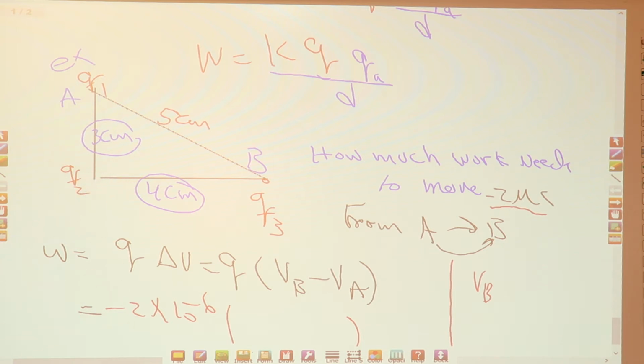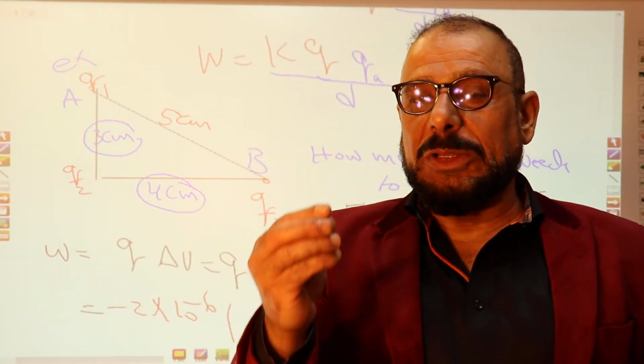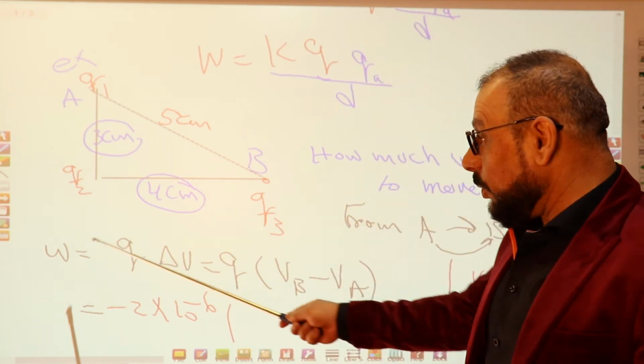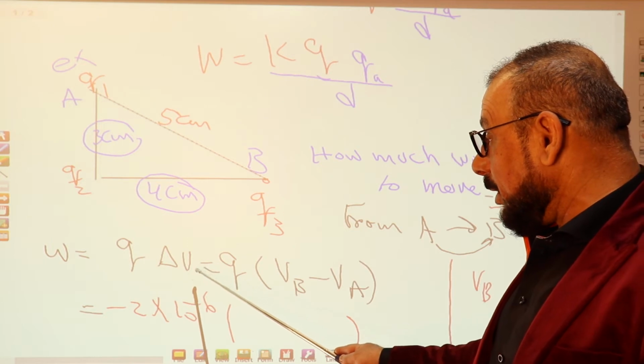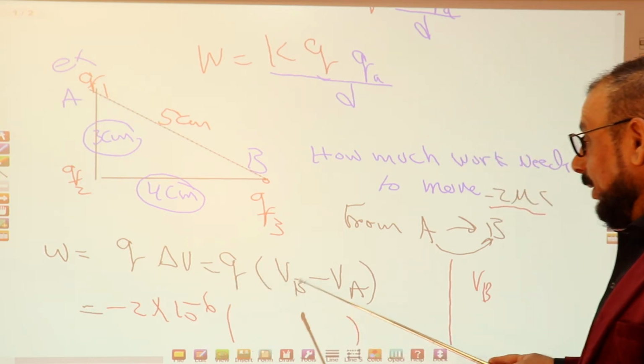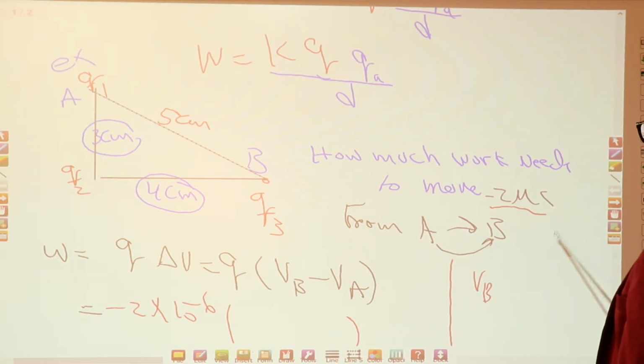Always, guys, start from what he wants. What he wants is the work. Then you define the work: work equal Q times delta V, Q times VB minus VA.